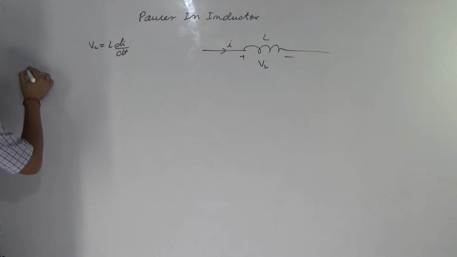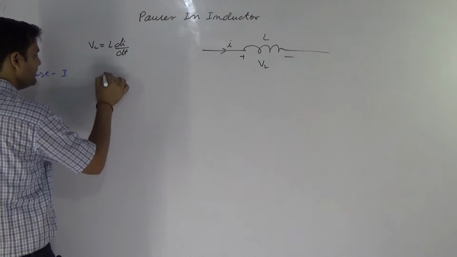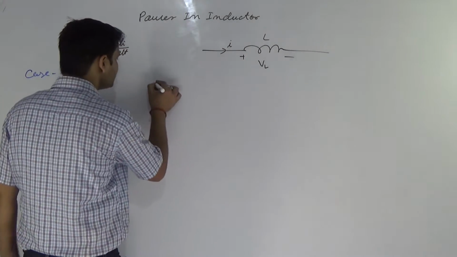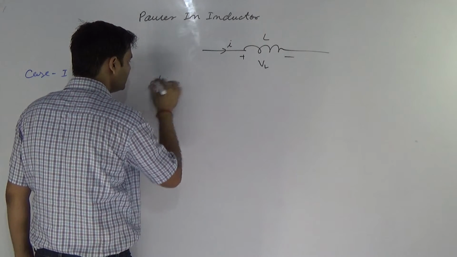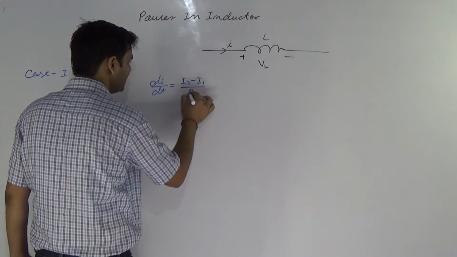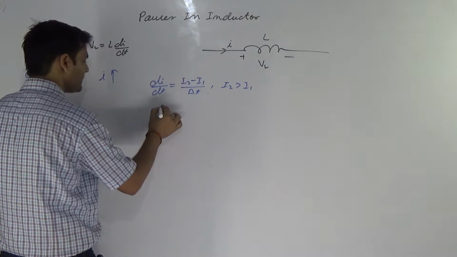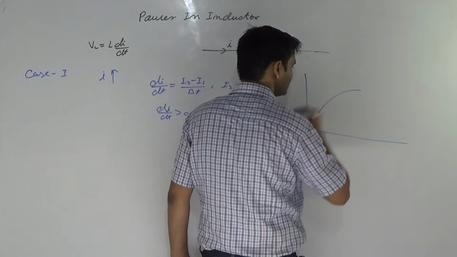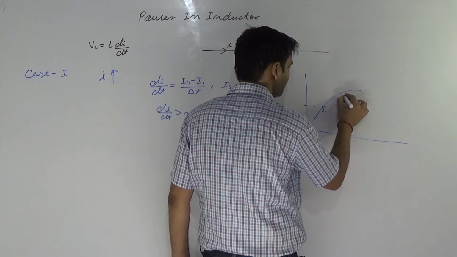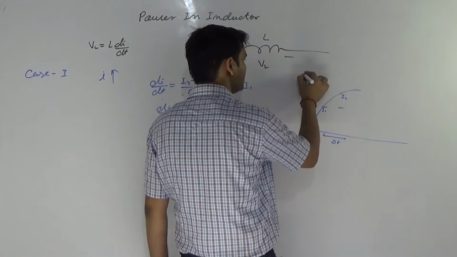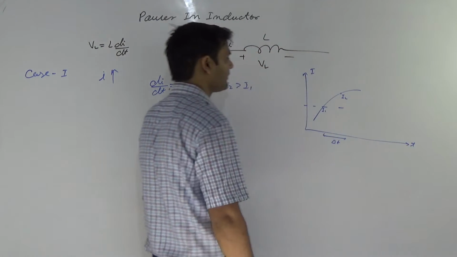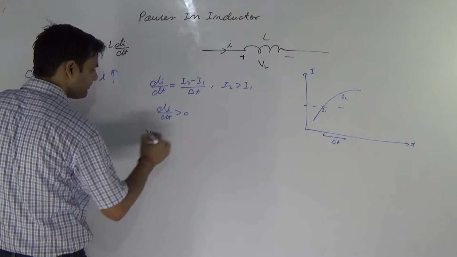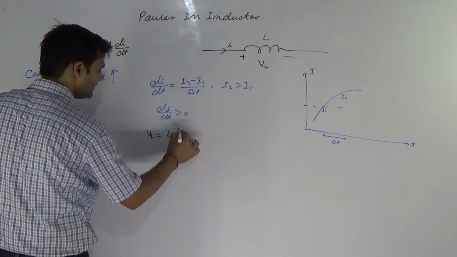Now, case first: if I increases, it means di by dt is positive, equal to (I2 minus I1) divided by delta t. I2 is greater than I1, that's why di by dt is greater than 0. Voltage across the inductor, L di by dt, is positive.